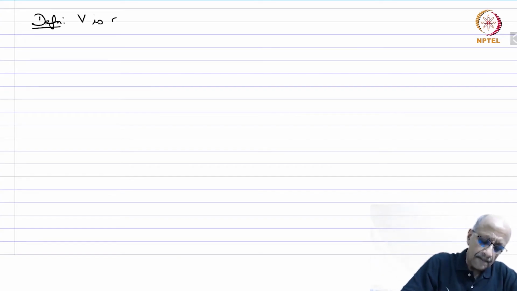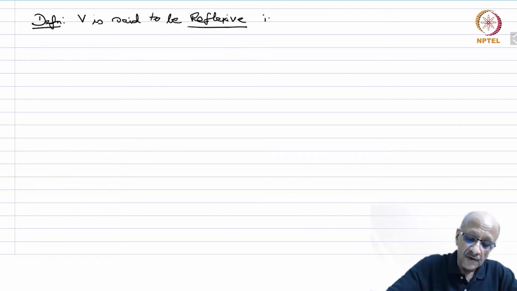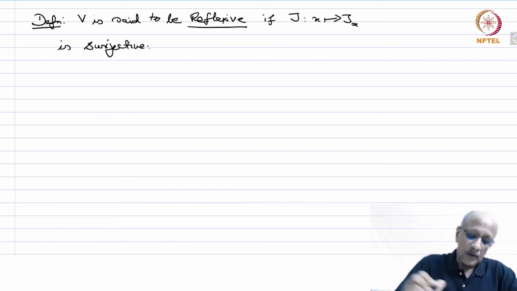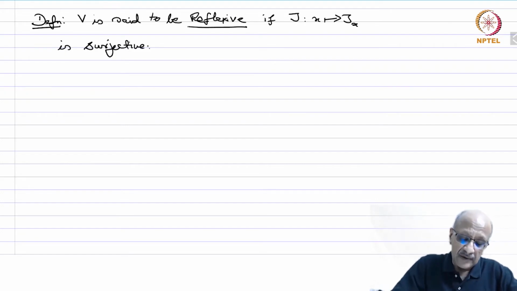V is said to be reflexive if the mapping x going to Jx is surjective. What does this mean? Every element of V double star, that is every continuous linear functional on the dual space V star, is actually nothing but an evaluation functional. It comes from V and it is just evaluation at that point.